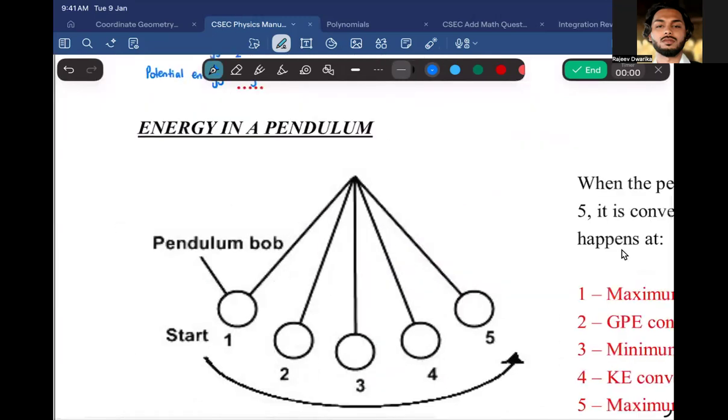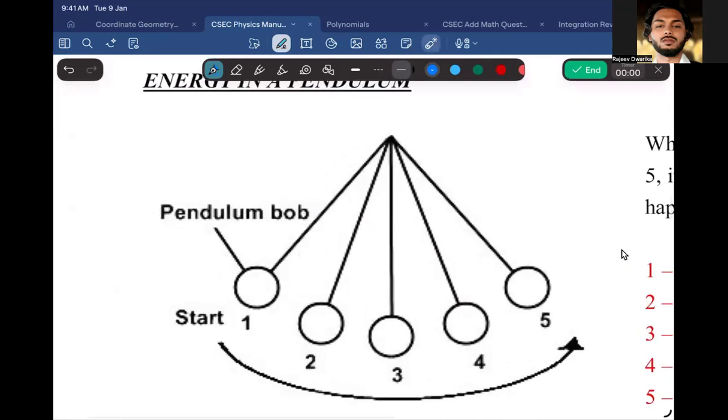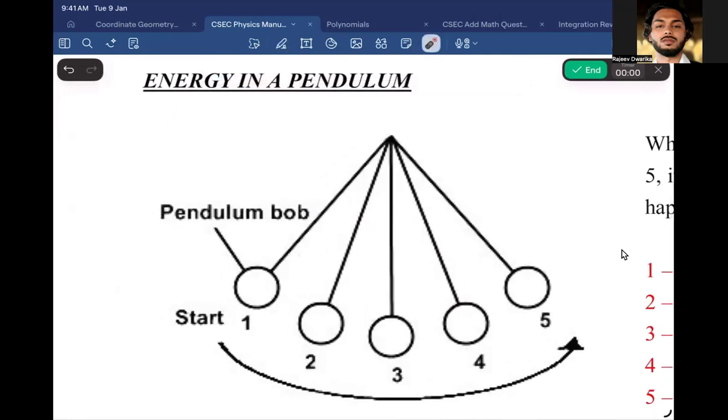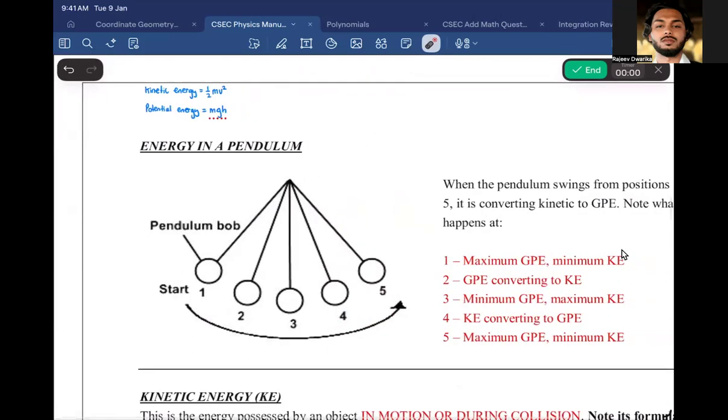So let's observe the energy changes in a pendulum. All right. So Jada, if I have a pendulum in that state, is it moving? No. Okay, let me rephrase that.